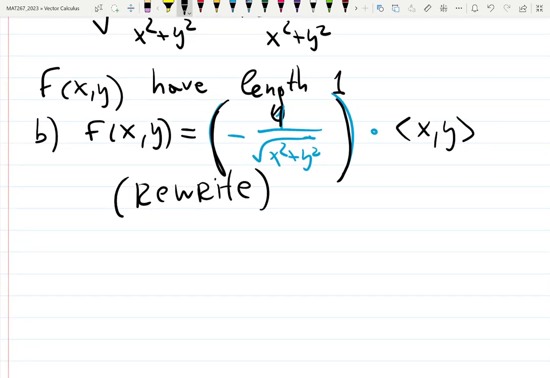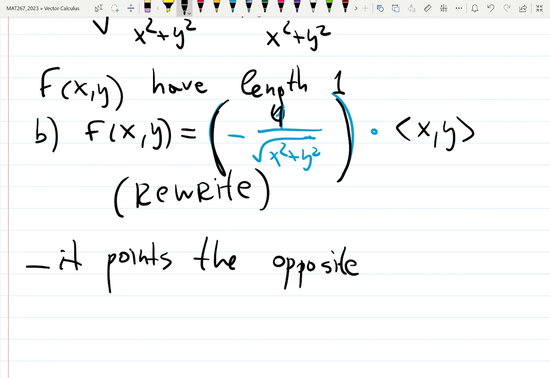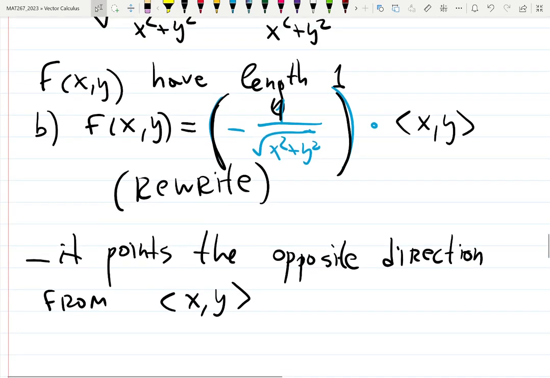So this relationship tells me that it points in the opposite direction from the vector x, y. How do I know?